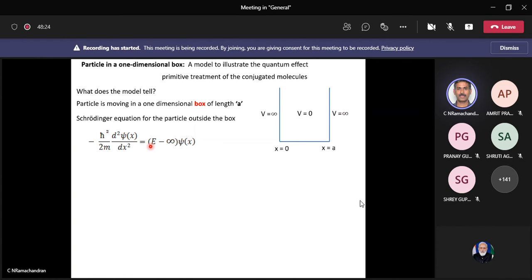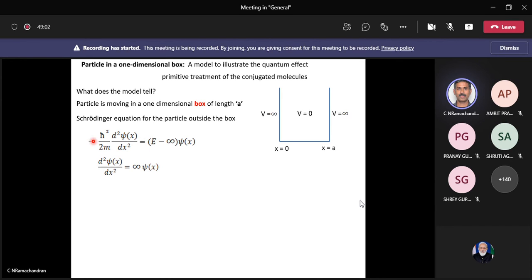That is the equation. Here V is infinity because I am considering the outside now, not inside. So I substitute E minus infinity into psi of x. Now you know that E minus infinity is equal to infinity, because a small value subtracted from infinity is also infinity. There is no significance to E in that case if I am considering V as infinity.